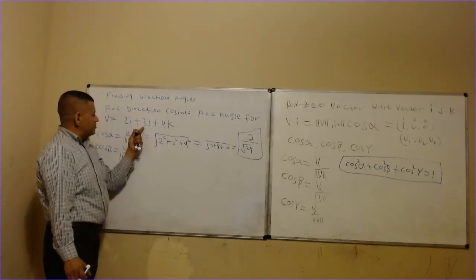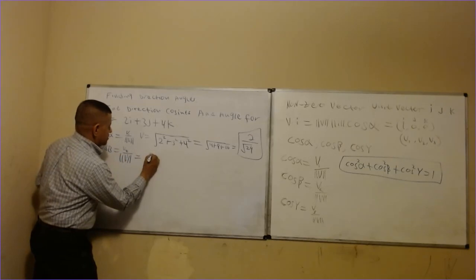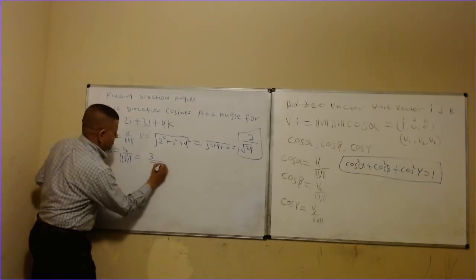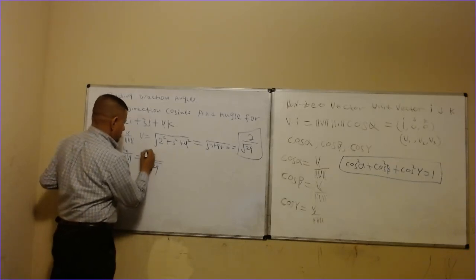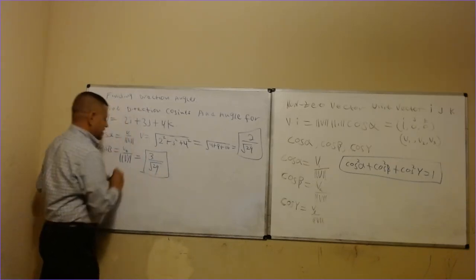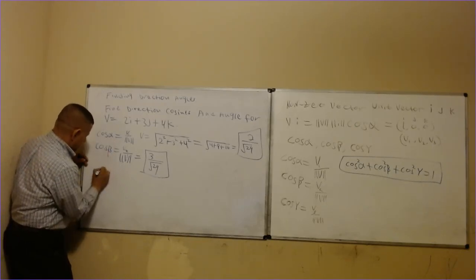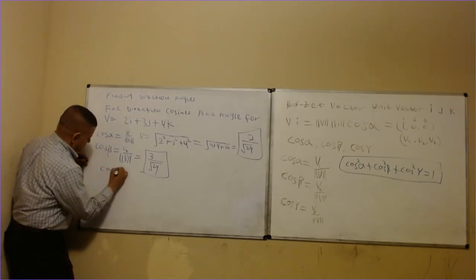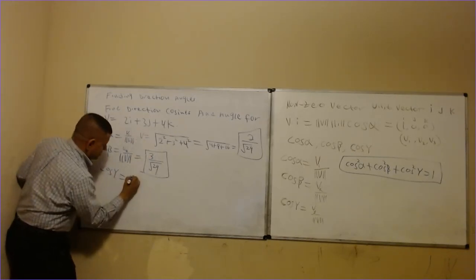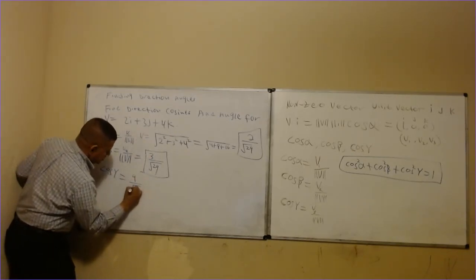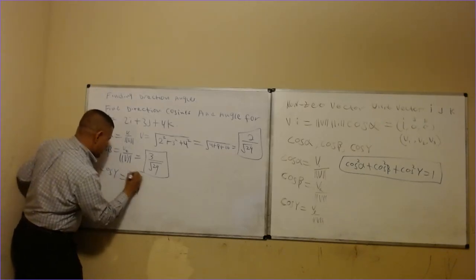So all I need now is to write the values like this. Cosine of beta is going to be equal to 3 over the square root of 29, and cosine of gamma is going to be equal to 4 over the square root of 29, right? So we got those values now.